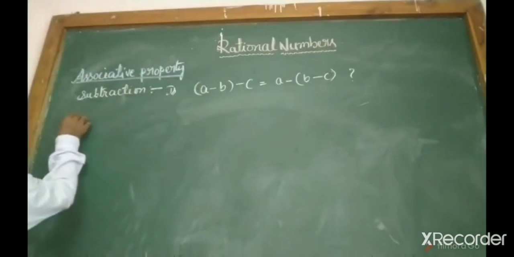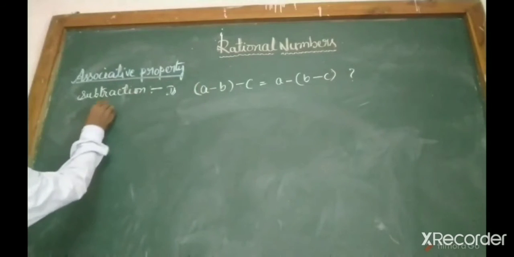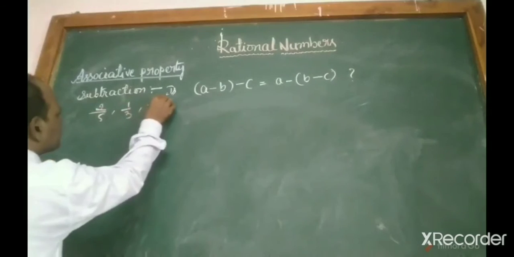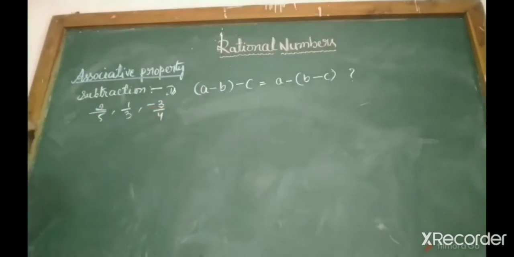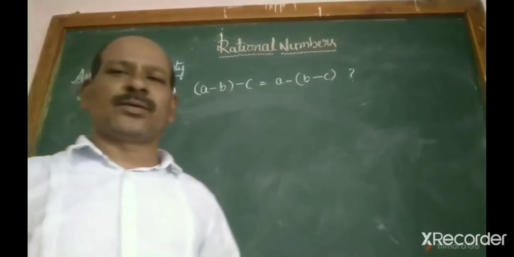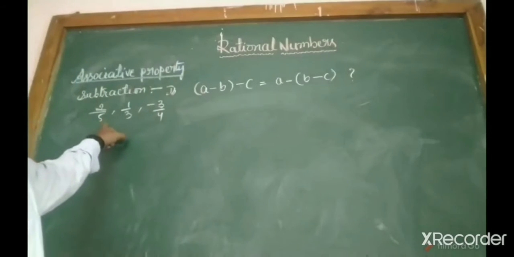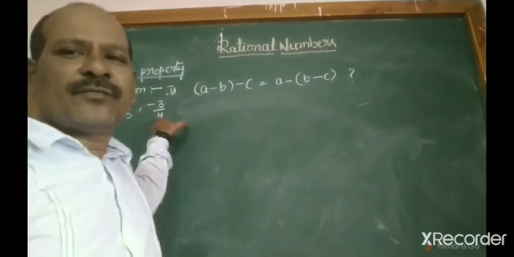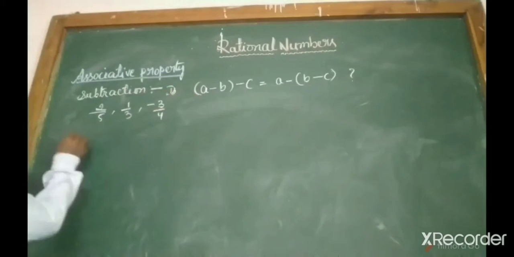First, left hand side. I am taking three rational numbers: 2 by 5, 1 by 3 and minus 3 by 4. LHS I have written down.